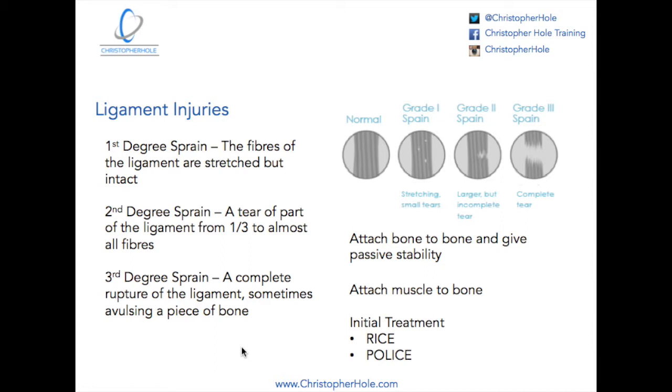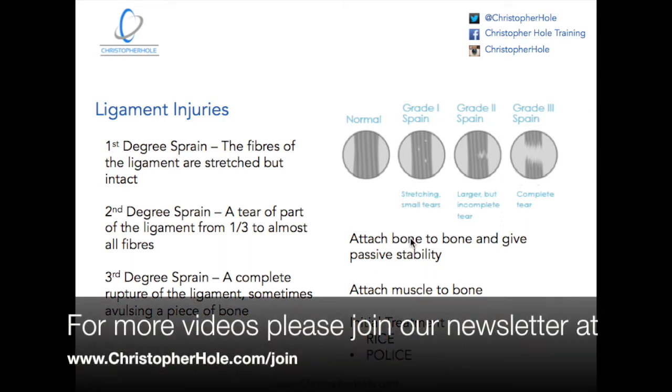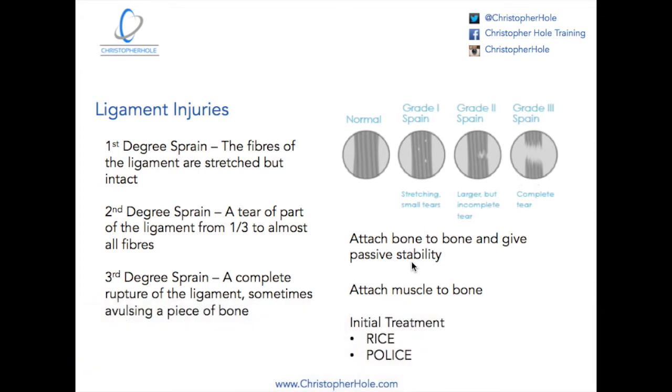Welcome to this video where we're going to be talking about ligament injuries. Now, ligaments are the tissue that attach bone to bone and they give what's called passive stability. What that means is they aren't like a muscle, which gets activated by a nerve and contracts and shortens. Ligaments don't do that.